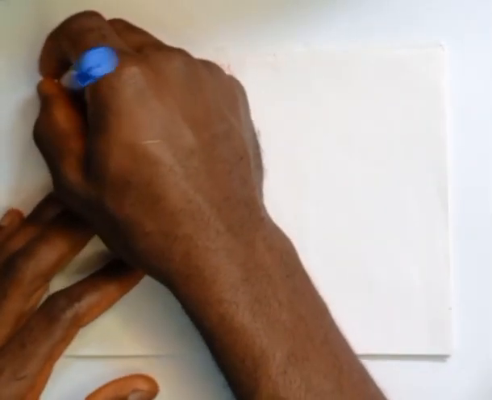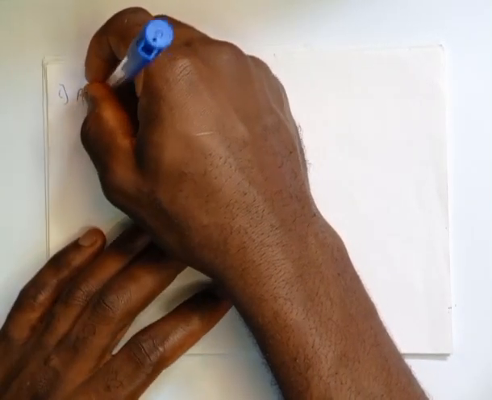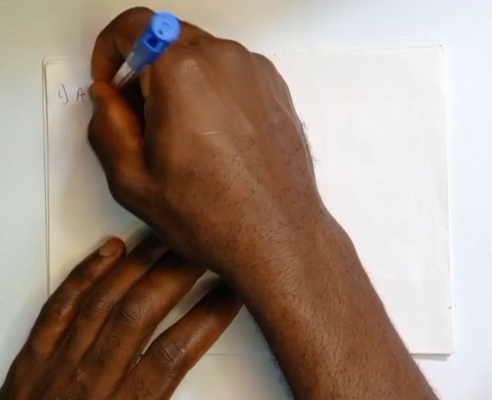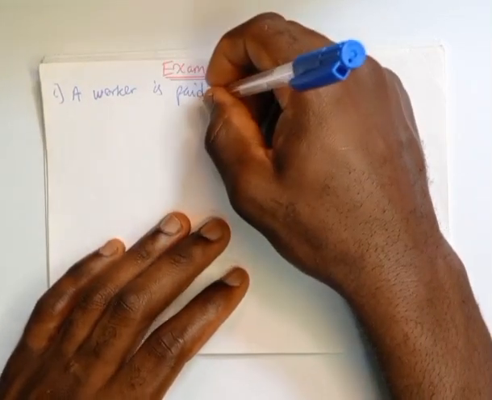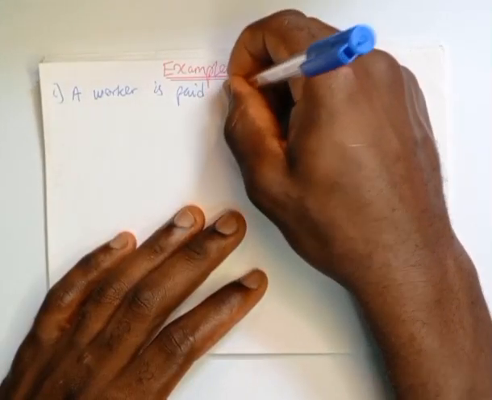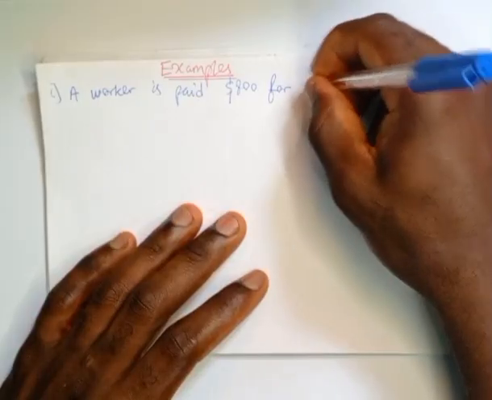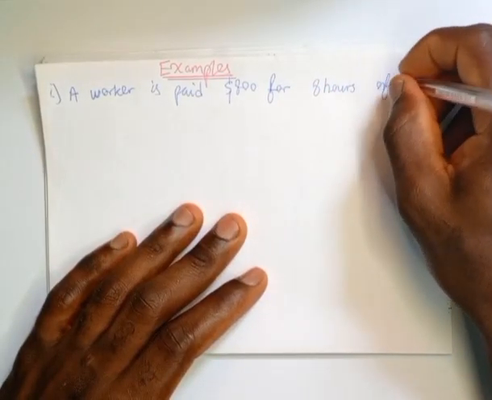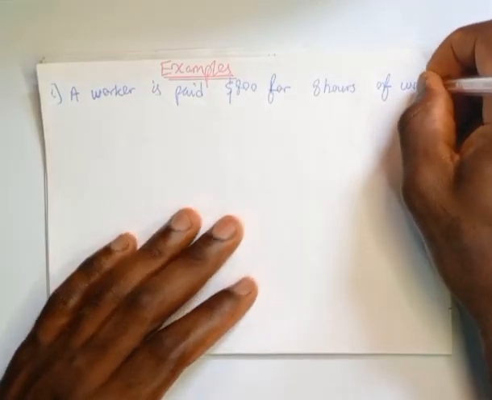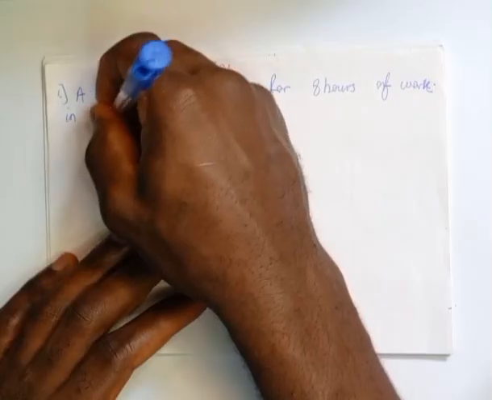Examples. First one, a worker is paid $800 for 8 hours of work in a day.